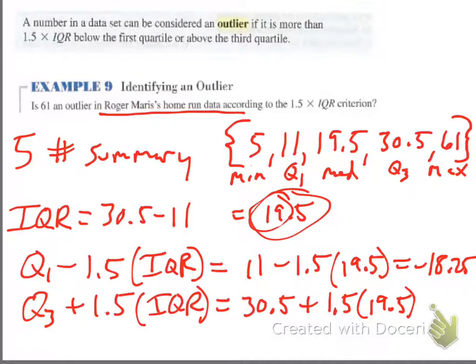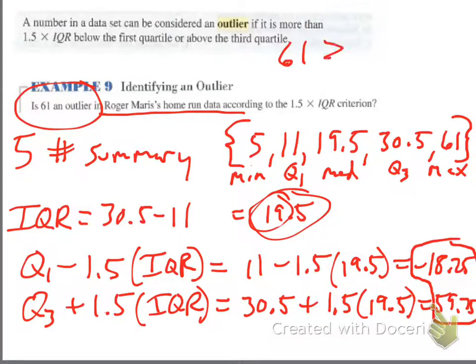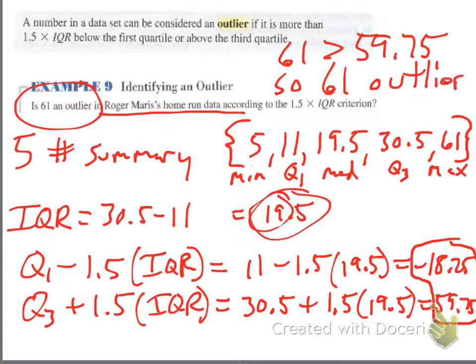So I get 59.75. Now, the criteria for the outlier, so they're asking, is 61 an outlier? So in other words, does 61 fall between these two numbers? If it doesn't, then it's an outlier. Well, 61 is greater than 59.75. So 61 is an outlier.